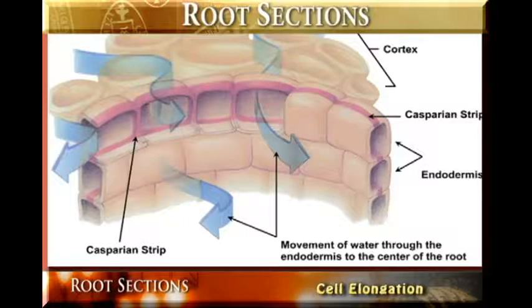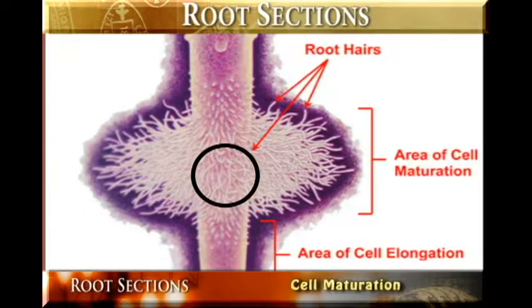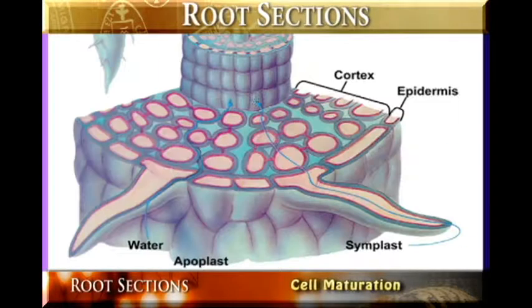Now we are looking at the region of maturation, which we also call the region of differentiation. In this region, we have absorption of water and nutrients, and there is also the development of the root hair, which is responsible for the absorption of water and nutrients.